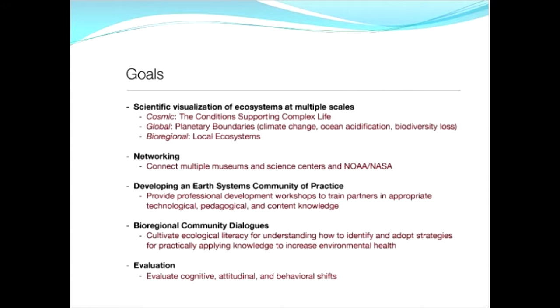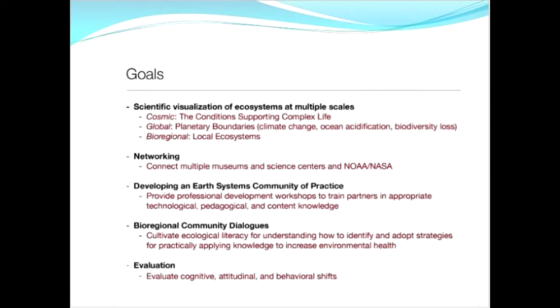And then on the bioregional level, we'll be doing custom visualizations to help people really understand their local ecosystems. It's beyond just sharing information. We're doing a lot of professional development to build up an Earth Systems community of practice within the museum community. And beyond helping them understand these issues, we're facilitating ways of addressing what communities can be doing.